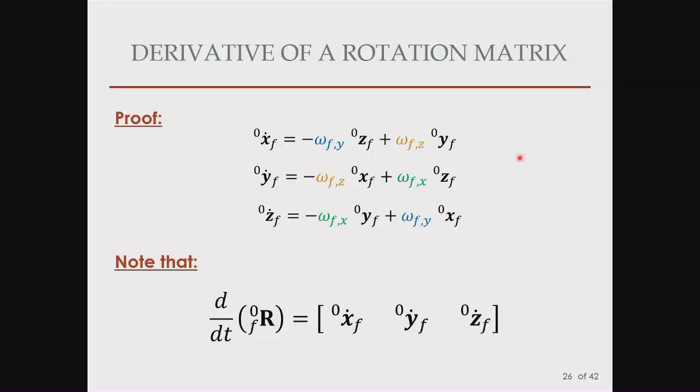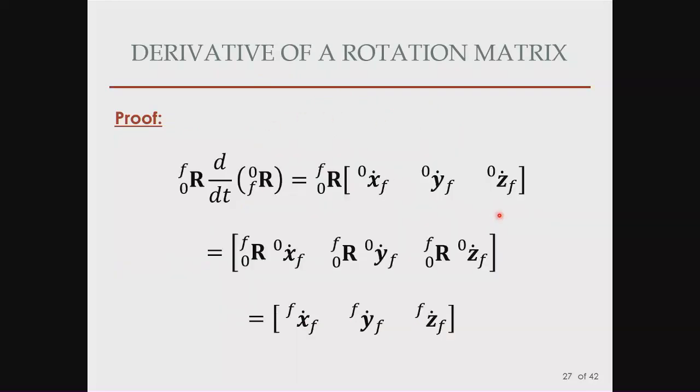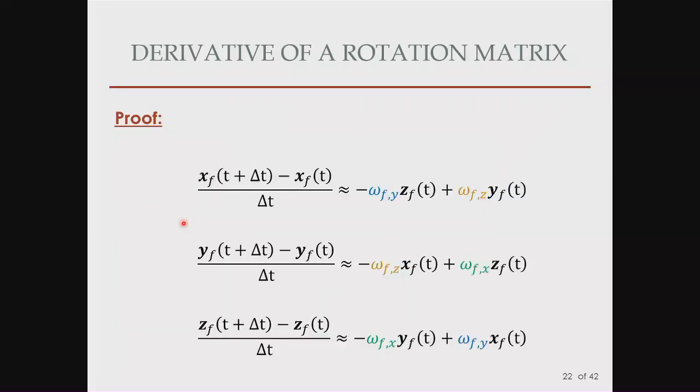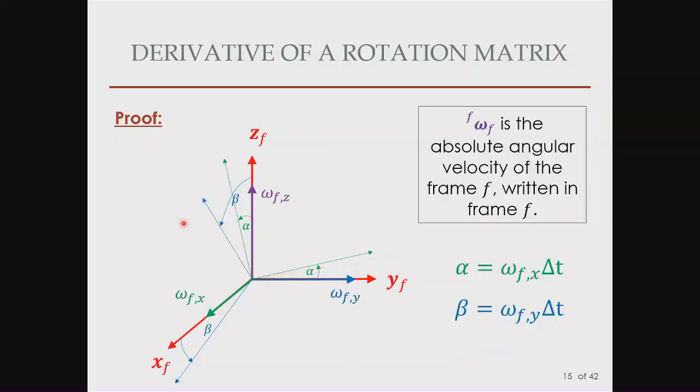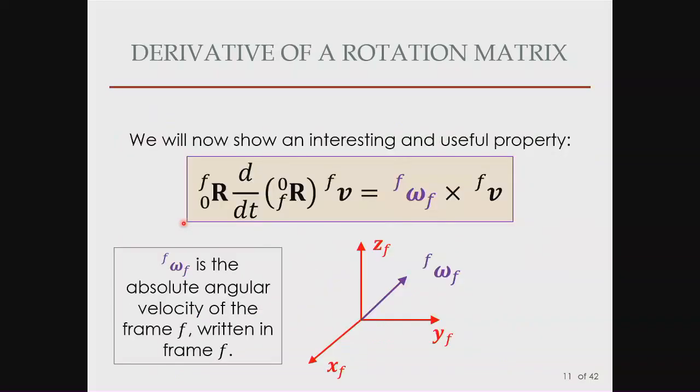Now, this was in frame 0. Let me put it like this. And then I pre-multiply it by this rotation matrix. Why? Because I want to get to the left-hand side. Maybe I'll remind you where we started, or what we want to prove.